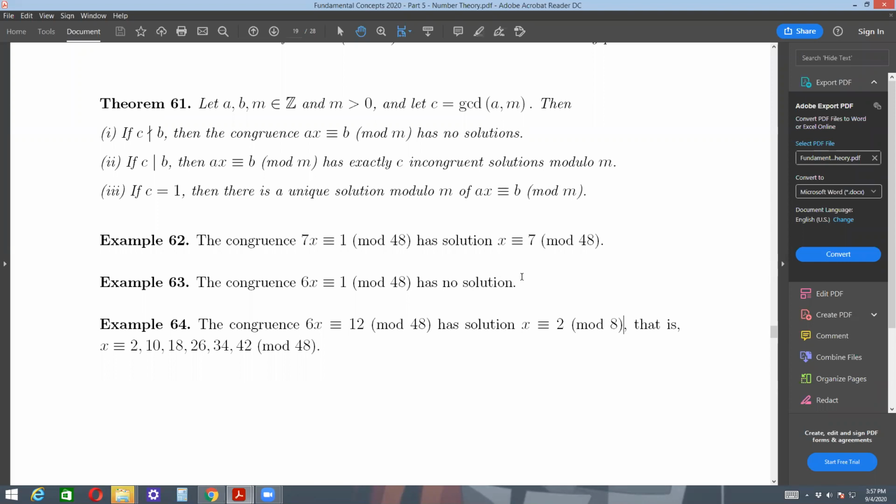It's a nice one, I think. And 17x is congruent to 5 mod, let's say 37. So take about 5 minutes and try to solve those and tell me what the answer is.